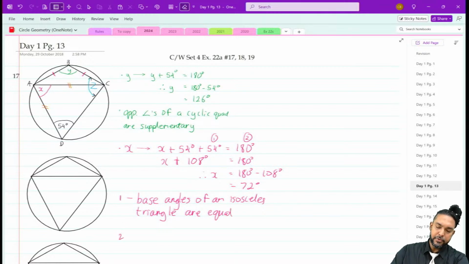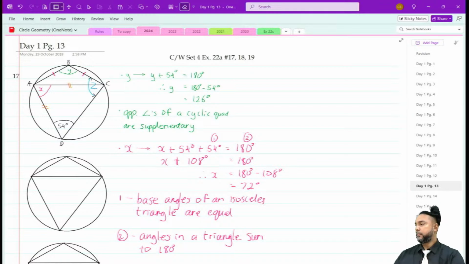And the second rule is that angles in a triangle sum to 180. So those are the two rules for angle x.